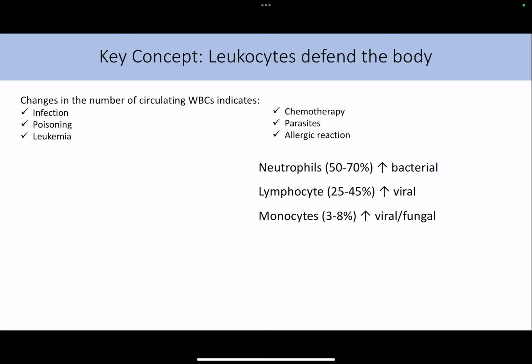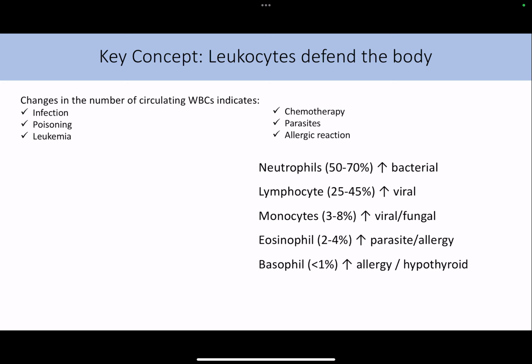Monocytes are going to increase whether you have a viral or fungal infection. Remember, they're pretty nonspecific. Eosinophils are going to increase when you have a parasite or an allergic response. And then basophils are going to increase when you have an allergic response and if you have hypothyroidism, although that connection is a little bit less known.